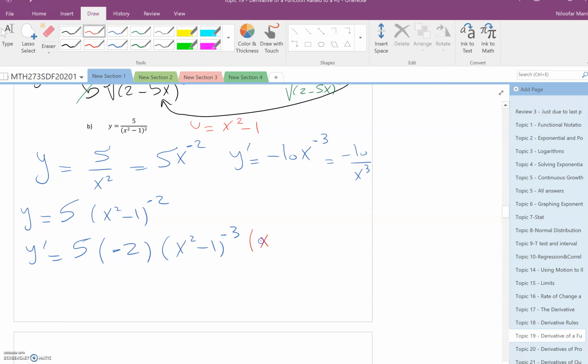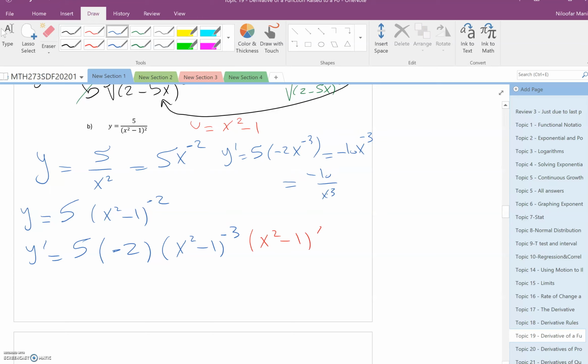And then derivative of inside. Okay? So here also, if I want to do it step by step, y prime is 5 times minus 2 x power minus 3, which is minus 10 x power minus 3. Which is minus 10 over x power 3.